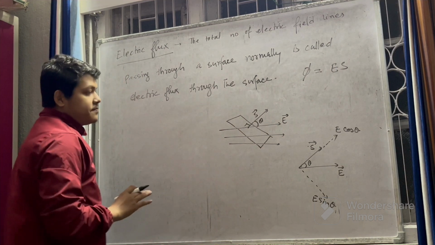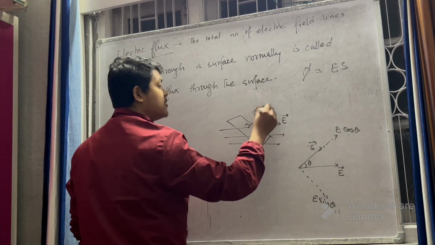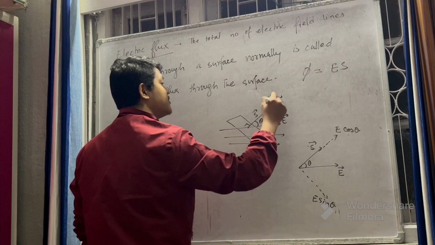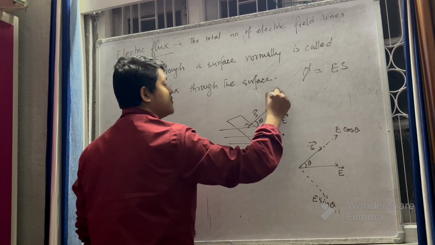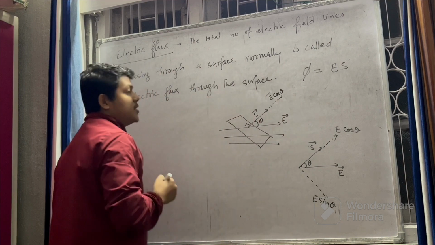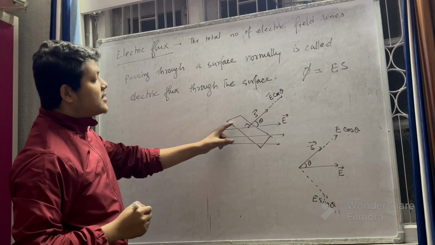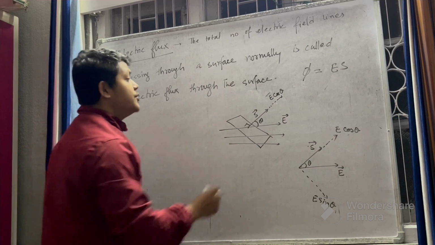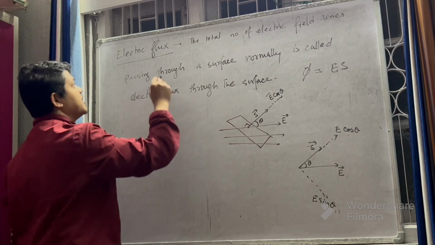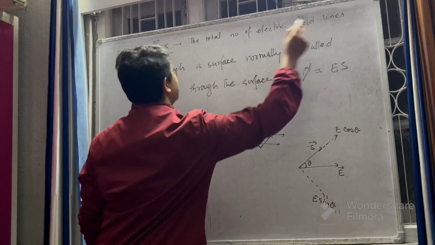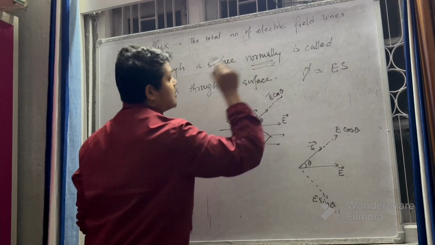So now you see the component which is along the area vector, E cos theta. To calculate the flux through this surface, we will take this component only, because from the definition, the flux is the total number of electric field lines passing through a surface normally.